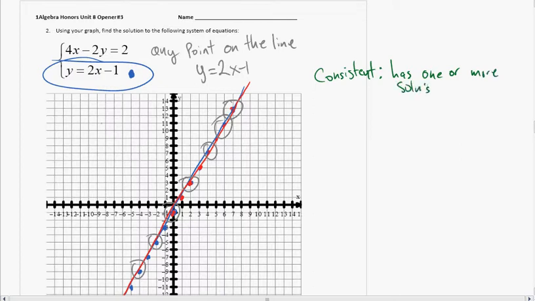This system of equations that we have clearly has one or more solutions. It actually has an infinite number of solutions. So our example is consistent. The opposite of that, of course, is inconsistent. Which means that the system has no solution.